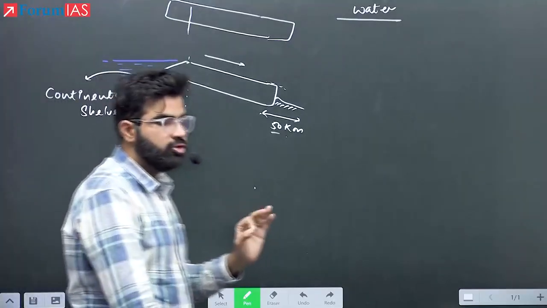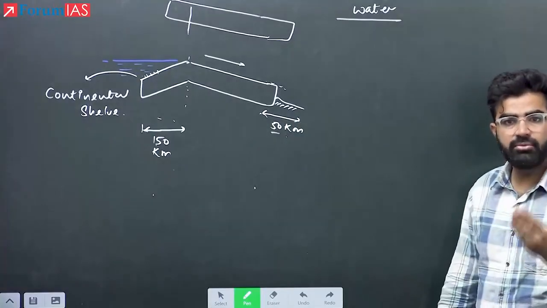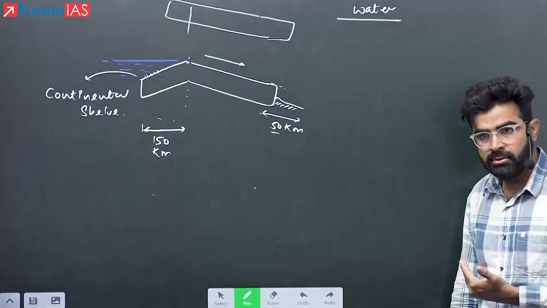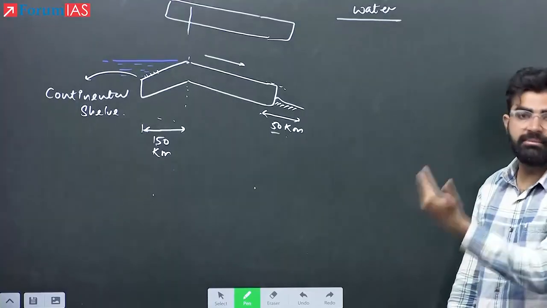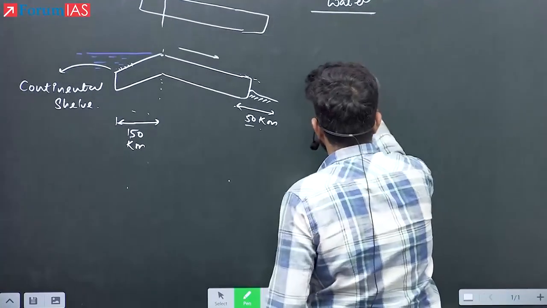So where the continental shelves are more extensive in case of India, western or the eastern part? Western. So if I give you in a prelims, let's say the continental shelves on the western side are more extending compared to the eastern side. Why? Because of submergence of the western parts, right? So remember, this question can be asked, right?